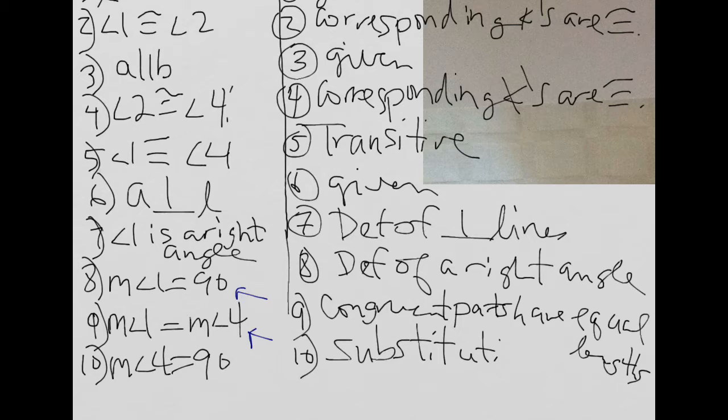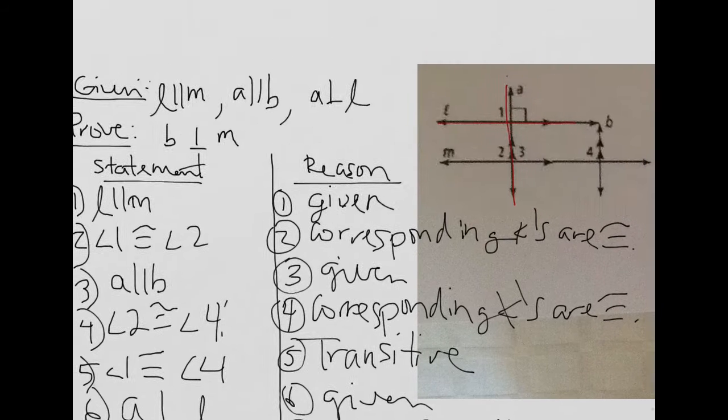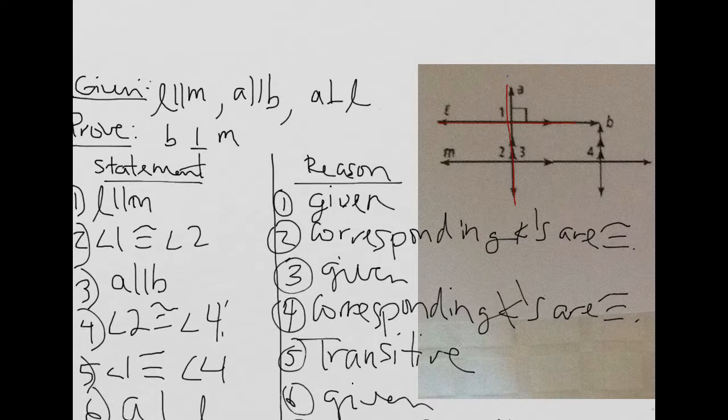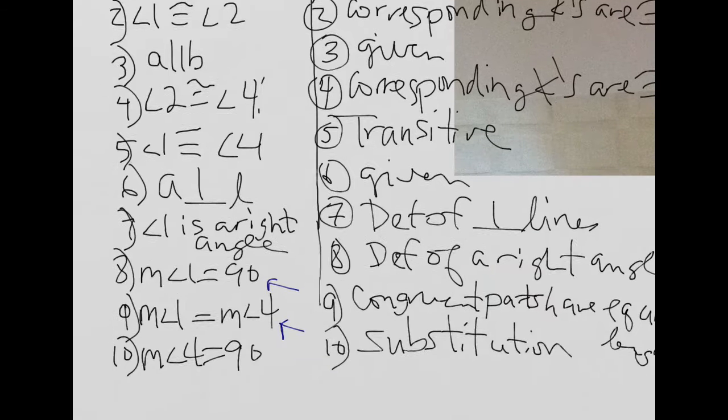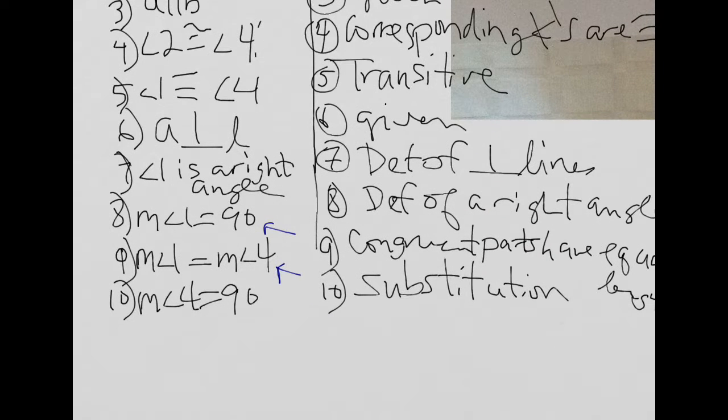And that's what we wanted to prove from the beginning, correct? If you look back up here, we wanted to prove that B was perpendicular to M, to get angle 4 to be a 90 degree angle. So we just did that. So now number 11 is going to say that angle 4 is a right angle, definition of right angle.